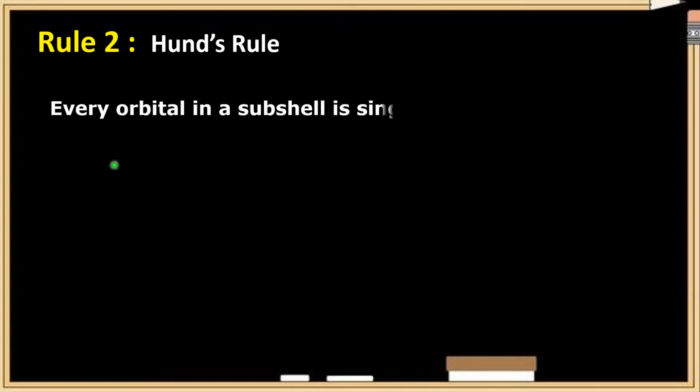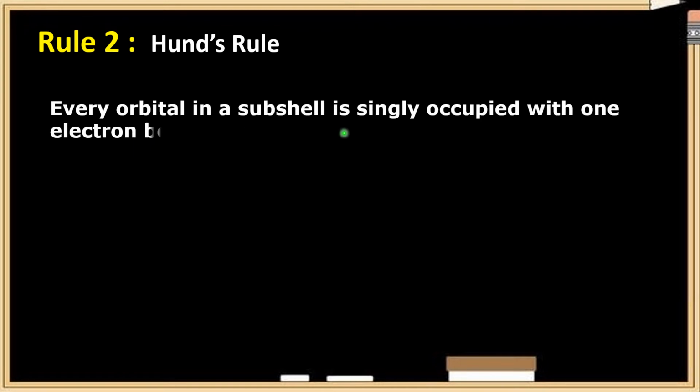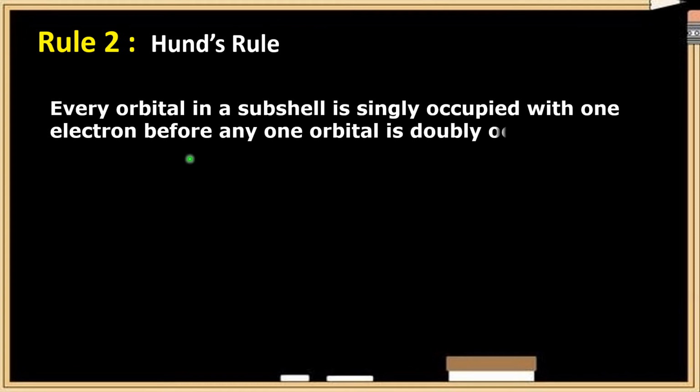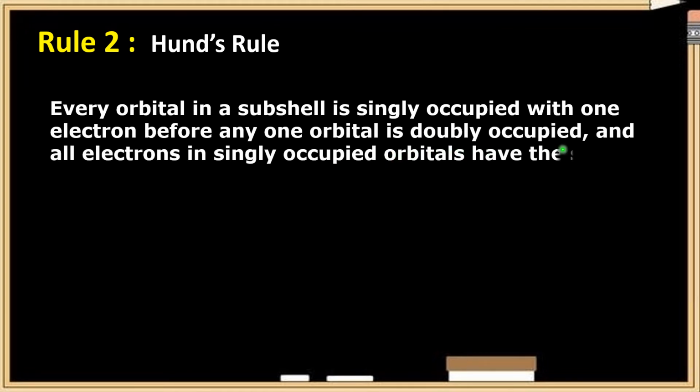Now let us study Hund's rule clearly. What is Hund's rule? Every orbital in a subshell is singly occupied with 1 electron before any one orbital is doubly occupied, and all electrons in singly occupied orbitals have the same spin.